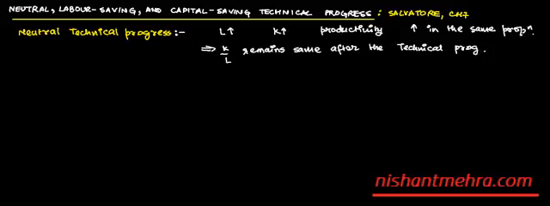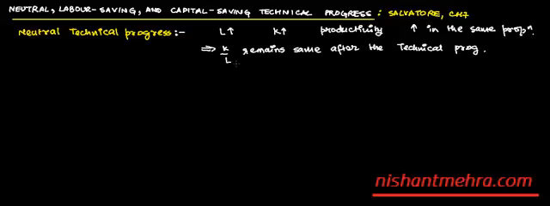Say, for example, if 6 units of capital and 12 units of labor were used earlier, that is before technical progress, now after technical progress, 3 units of capital and 6 units of labor are used.